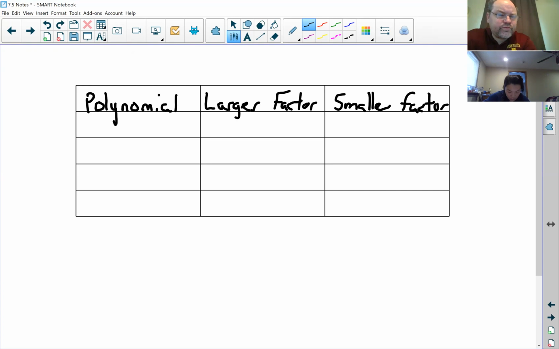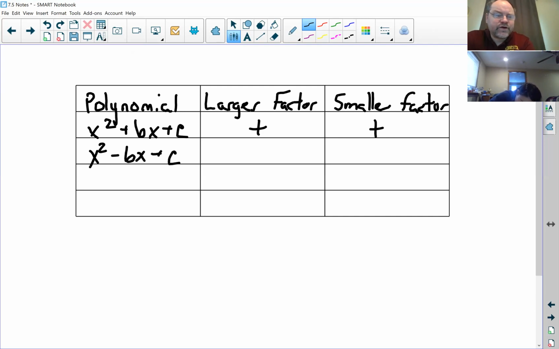So if our polynomial is x squared plus bx plus c, if it's all addition, our larger factor is going to be positive, our smaller factor is going to be positive. If we have x squared minus bx plus c, our larger factor is negative, our smaller factor is also negative.